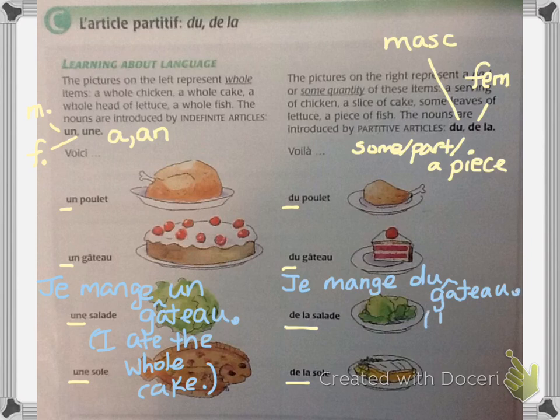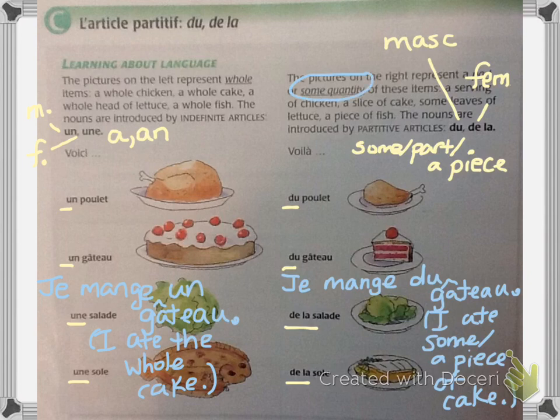Meaning, I ate some or a piece of cake. So there's quite a difference there depending upon what article you use. So again, you use this partitive article when you're talking about some quantity, so not the whole thing.